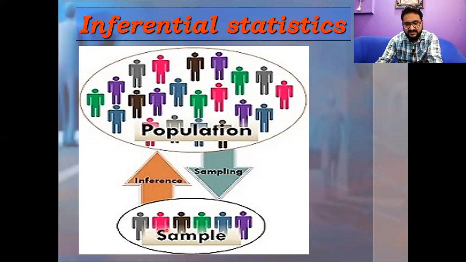We conduct the sample and predict that the sample is the same as this population. You can observe that the direction is from population to sample. We calculate on the sample, and the answer goes to the population.